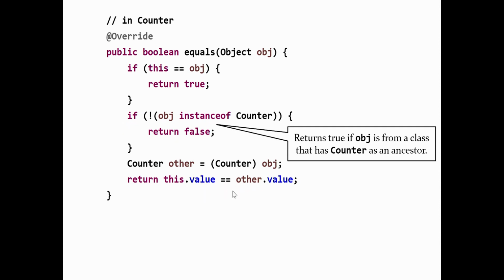So even though obj is, say, a StoppingCounter, I can still cast obj to a plain old Counter. The reason I can do this is because subclasses are substitutable for their parent classes. So if obj is a subclass of Counter, then I can substitute obj for any Counter object, which means I can cast obj to a Counter as well. And now I can compare their two values that way.